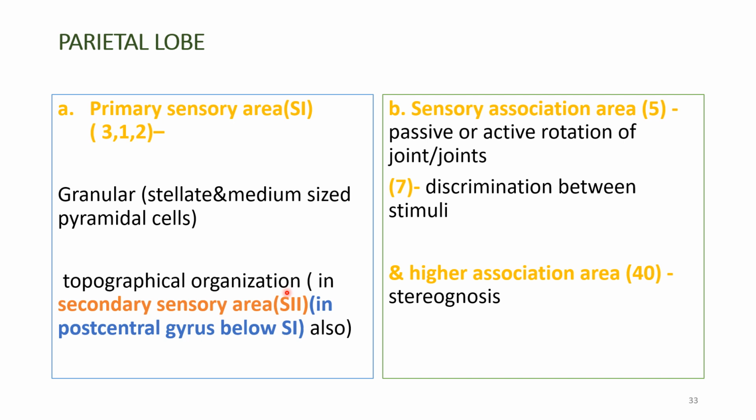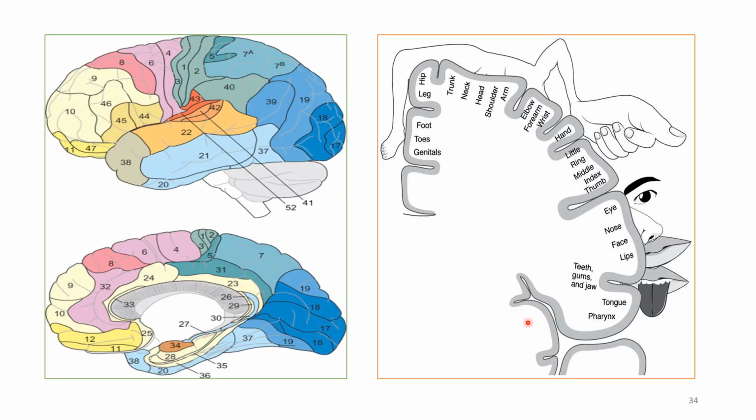Both have topographical representation and they are granular, that is having stellate cells. And here the sensory association area is having 5, 7 and 40. 40 is specially called the higher association area. So it is the topographic representation.